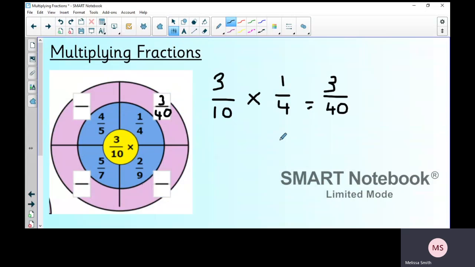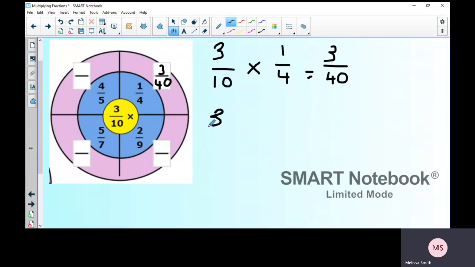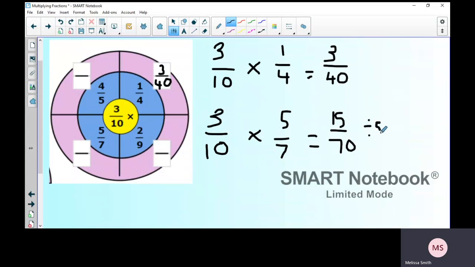Let's do this one together now. 3/10 multiplied by 5/7. 3 times 5, 15. 10 times 7, 70. Common factor, we could use 5. 15 divided by 5 is 3. 70 divided by 5.